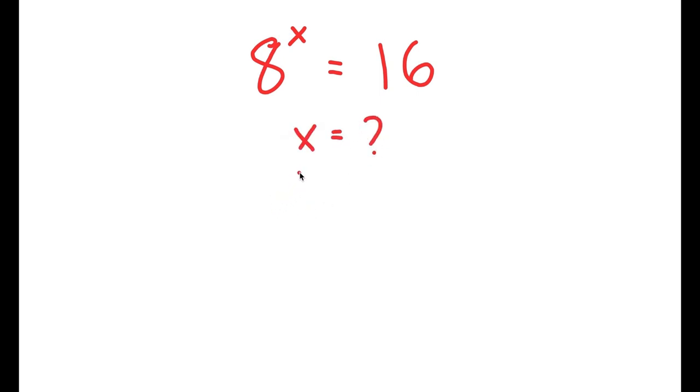Alright, so in this problem, I have 8 to the power of x is equal to 16. So I want to find the value of x here. So for my solution, I'm going to start by rewriting my equation here.